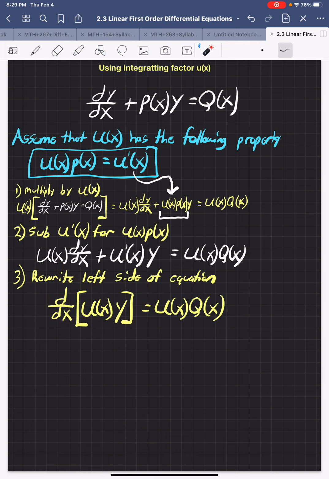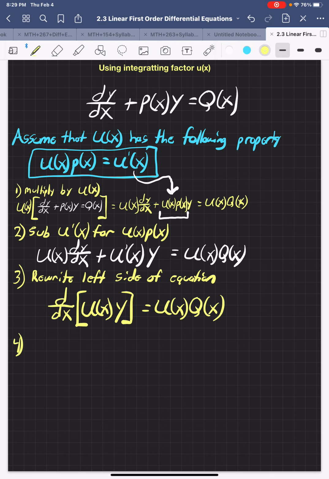But guess what? At this stage, remember, the goal is to solve for y. So at this stage, what we're going to do is integrate both sides with respect to x. So what does that look like? I'll go ahead and write it just so you know what I'm doing here.